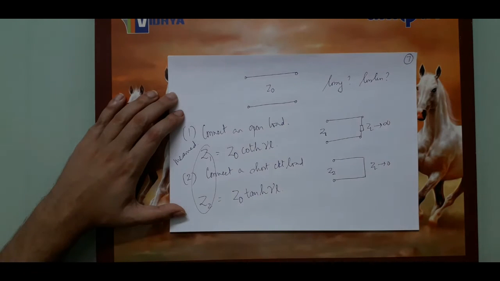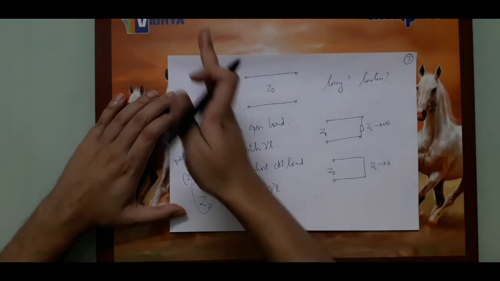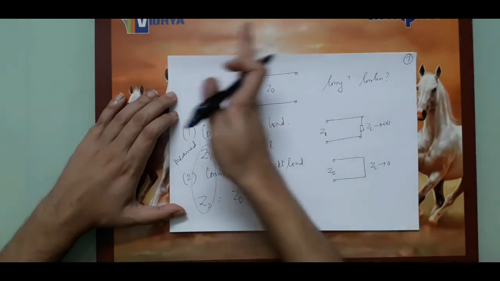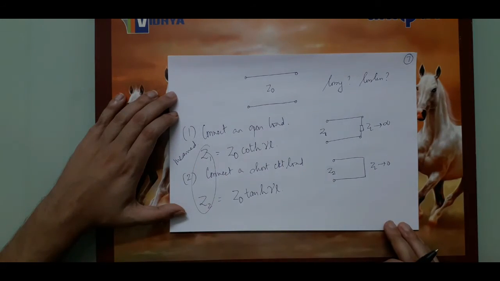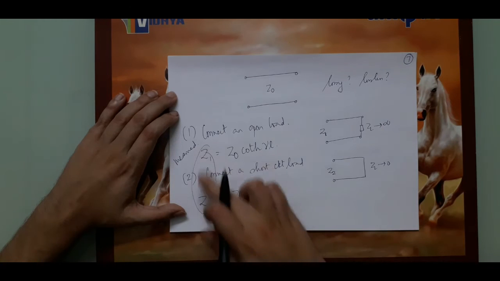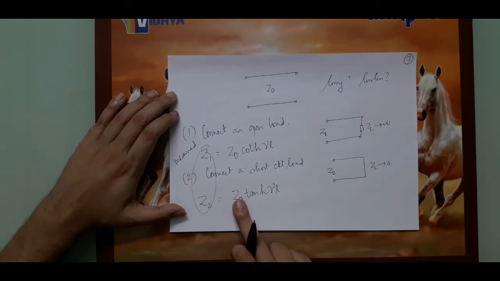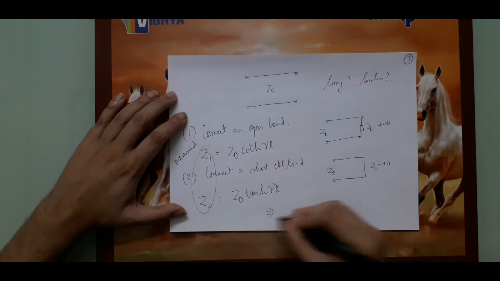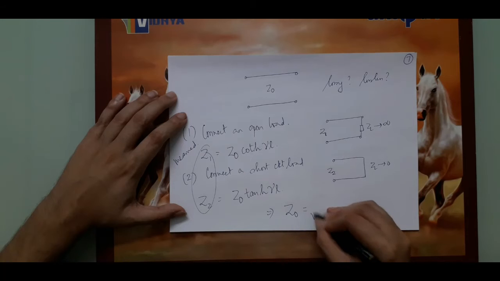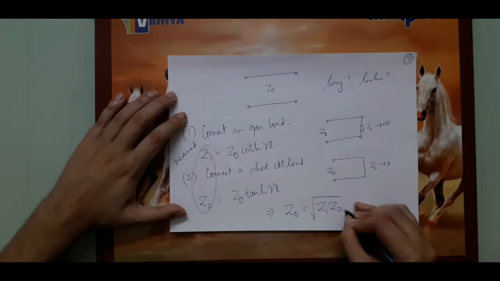Z0 cannot be measured directly because it does not exist at one point. It exists as a distributed quantity along the line. So once you measure Z1 and Z2, how can I get Z0? Simple, just multiply Z1 and Z2 and take the root. That means Z0 is nothing but the geometric mean of Z1 and Z2.